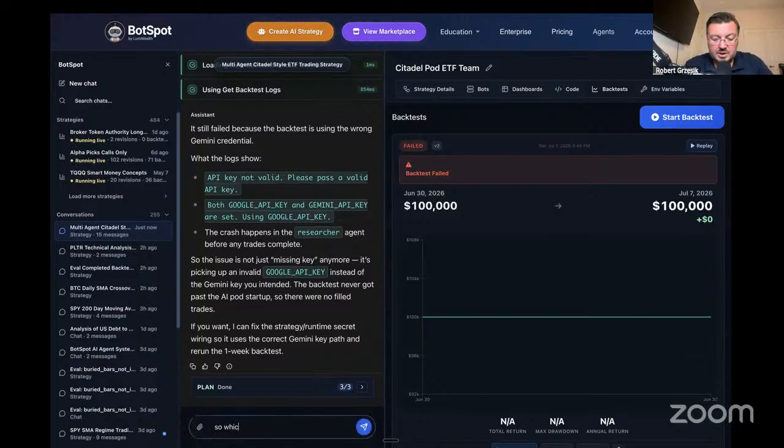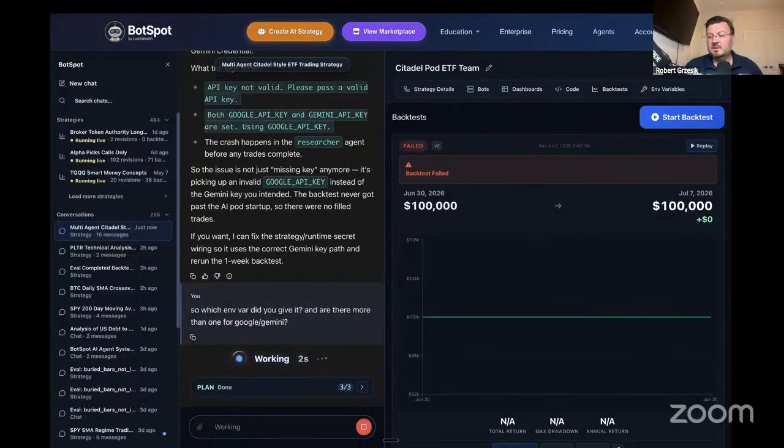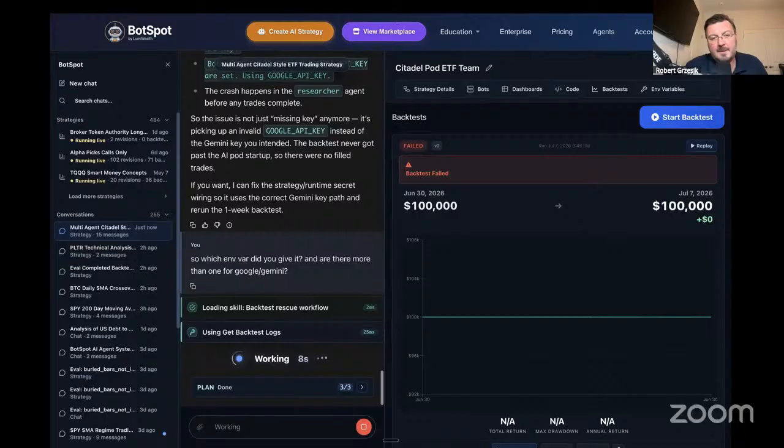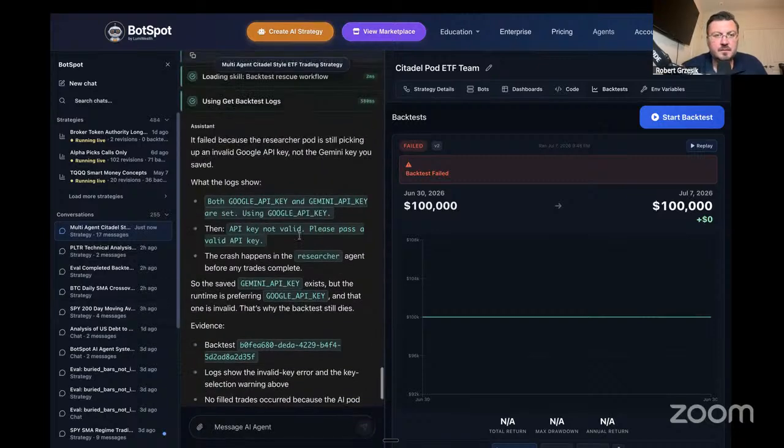So which env var did you give it? And are there more than one for Google/Gemini? Let's see.